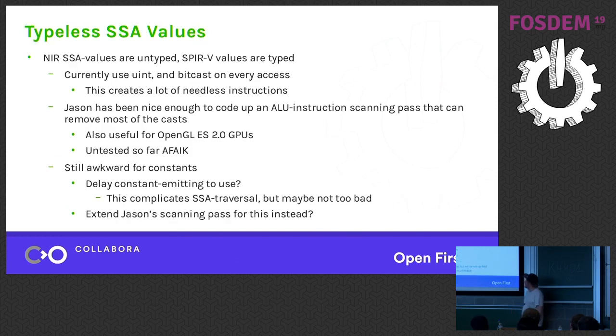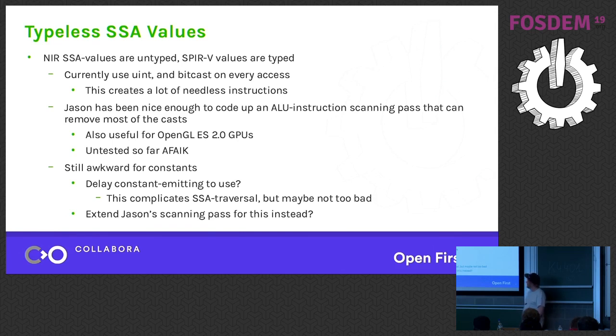Yeah, another problem is that the SSA values of NIR are typeless. They're basically just a bucket of bits, which means that we currently just bitcast everything into and from uint. This creates a lot of needless instructions in a lot of cases, and it's not great.